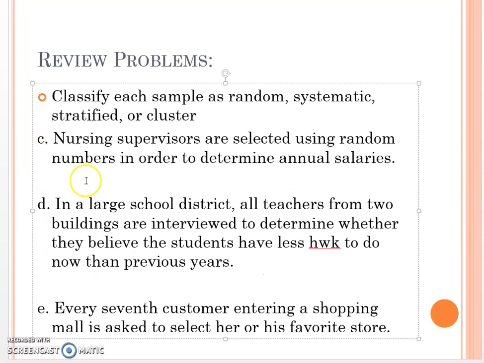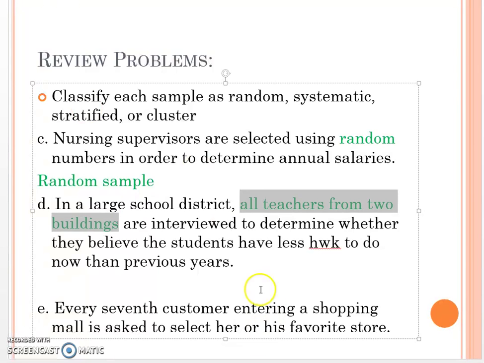Okay, C. Nursing supervisors are selected using random numbers. So random numbers, this is random sampling. In a large school district, all teachers from 2 buildings are interviewed to determine whether they believe the students have less homework to do now than previous years. All teachers from 2 buildings.